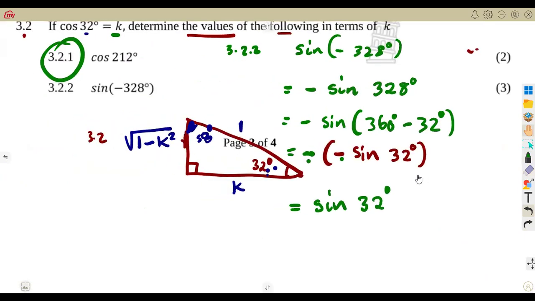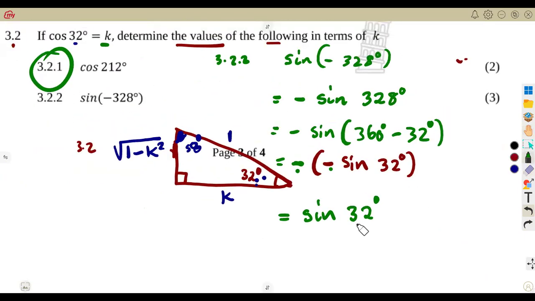So now you can substitute, because the 32 is something that we have here on our triangle. According to our triangle, remember sine is opposite over hypotenuse. That is our opposite here according to our 32 degrees. This is our opposite, and this is our hypotenuse. So it is going to be equal to what?